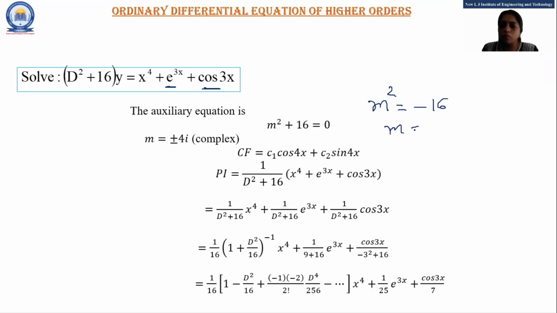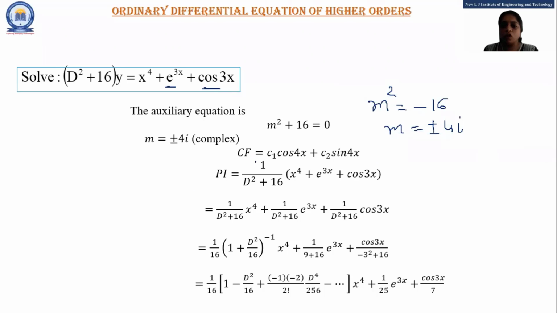If I take the square root on both sides, the square root of m square is m, and the square root of 16 is plus or minus 4, and the square root of minus is i. So m equals plus or minus 4i.